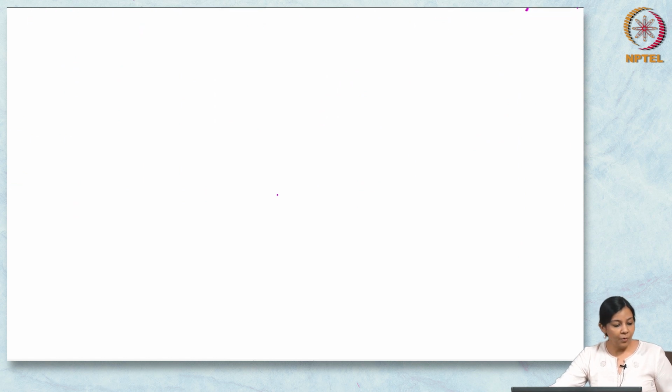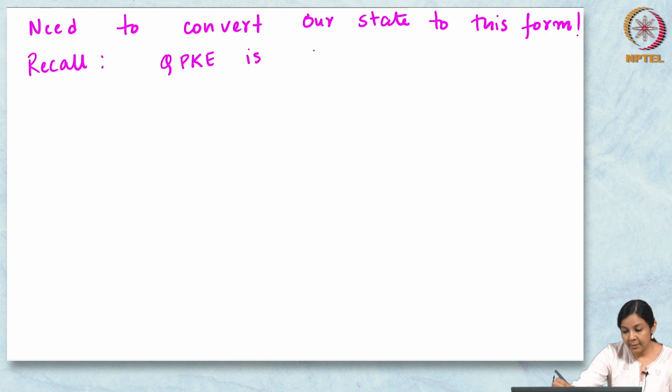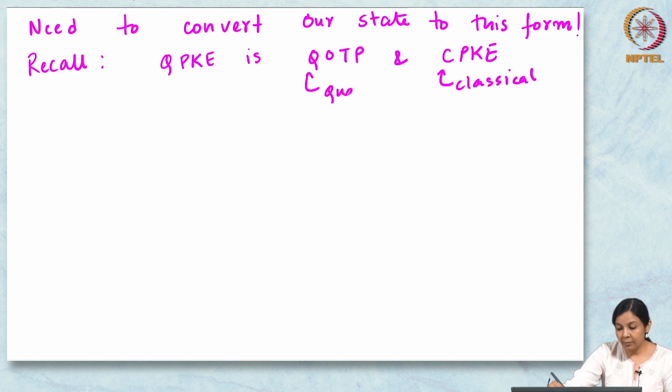Okay. So, it does not just work. Okay. So, now how do we want to do it? So, one more thing that it does not hurt to recall is that our QPKE, what does it look like? It is a QOTP, right, and a CPKE. So, here C stands for classical and Q stands for quantum. Okay.